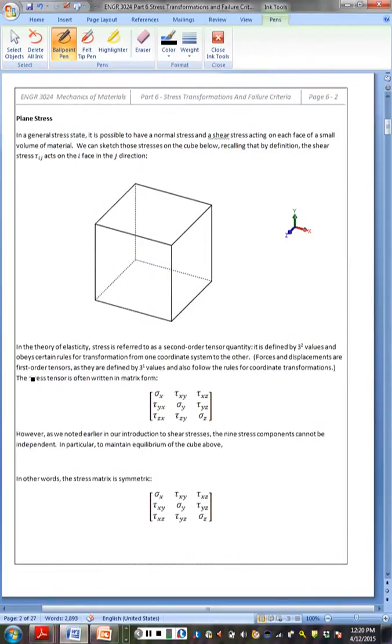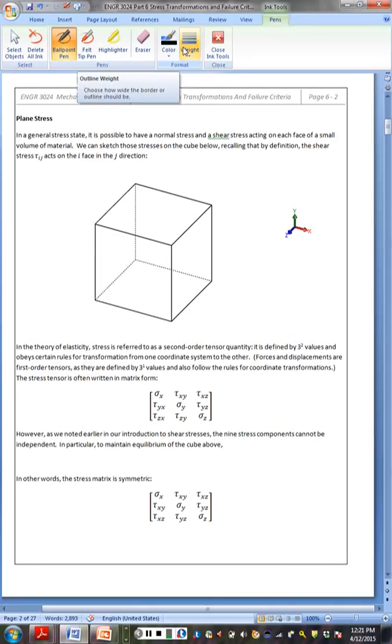If we talk about any particular structure out in space, a general stress state, as we looked at the beginning of the combined loading, there are basically 6 reactions: 3 linear forces and 3 torsional, or moment, reactions that can happen, and those translate into this 3-dimensional general stress state.